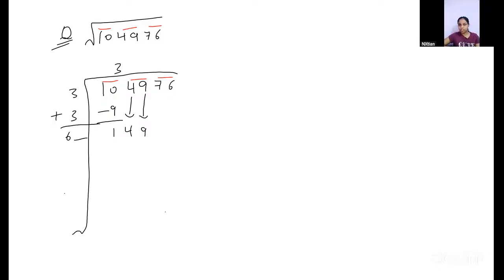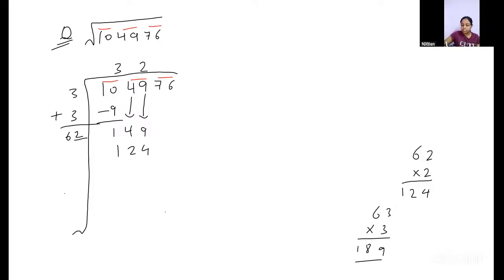Now let's try with 2. 62 into 2. 2 2s are 4. 6 2s are 12. 124. I think if I try it with 3, it will be a bigger number. 3 3s are 9. 6 3s are 18. 189 is bigger, so we will take 2. Write 2 on the top and write 124.